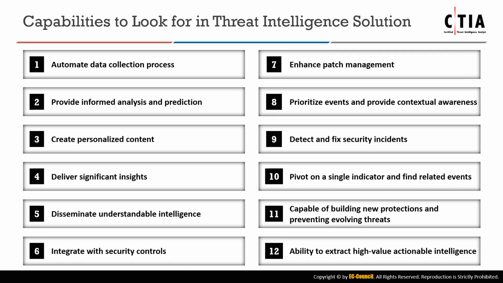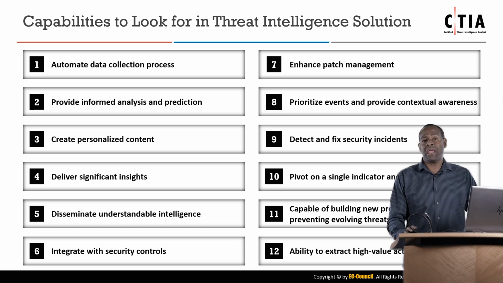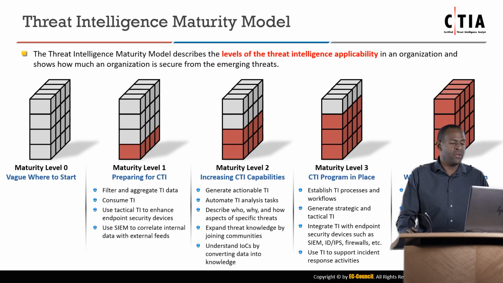Number 12, the ability to extract high-value, actionable intelligence. This would be intelligence that we'd be able to take and put into a report. This would also dovetail into the ability to generate very good reports. We want reports that can be put into a structure that will allow us to edit them and personalize them.